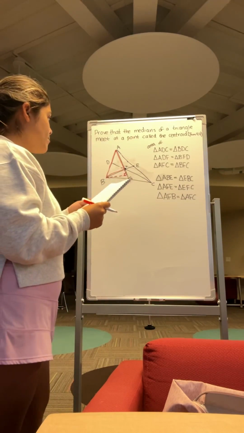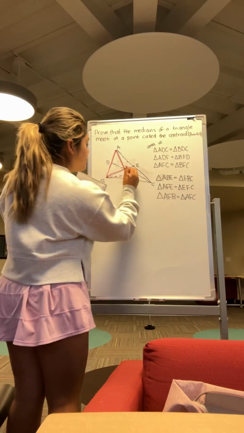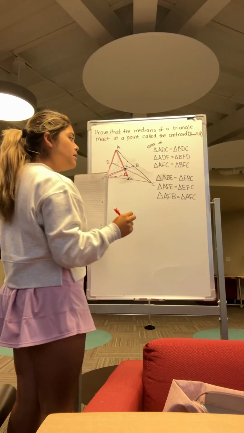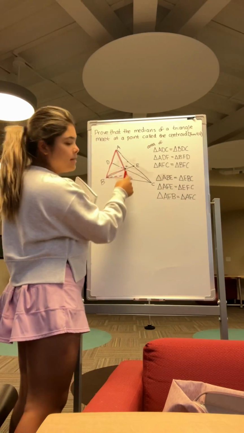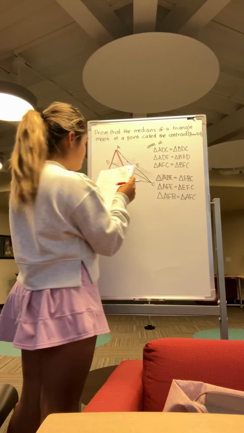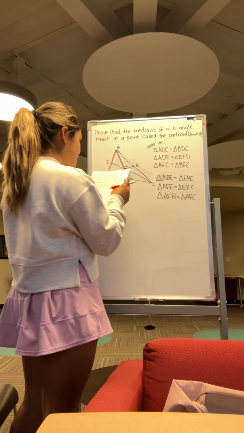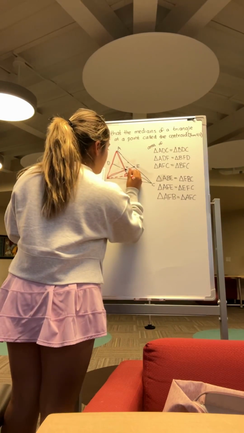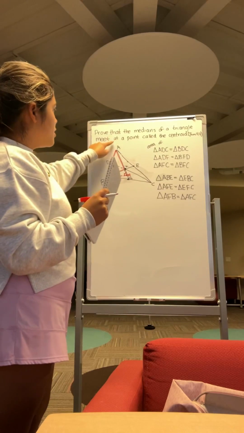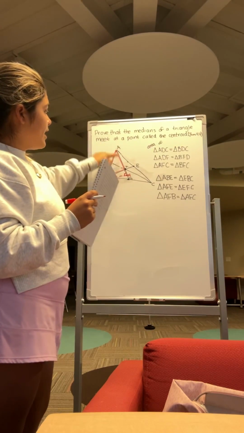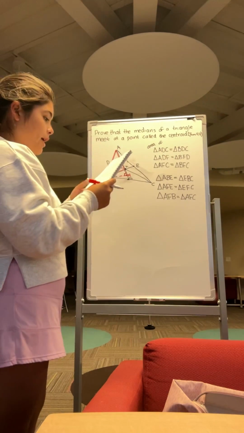Okay. And we're going to name this point right there. These are on the same line. So we're going to name that point H. So we extended AF to AH.